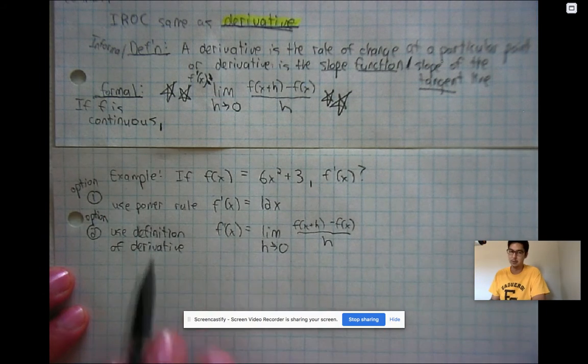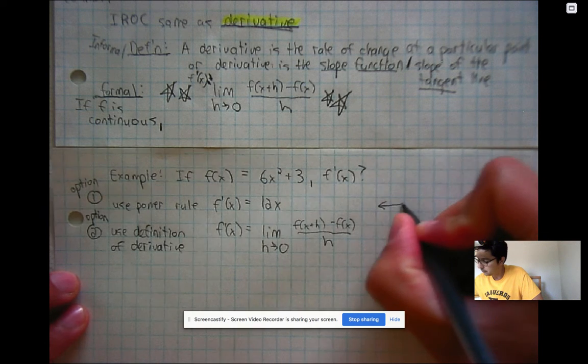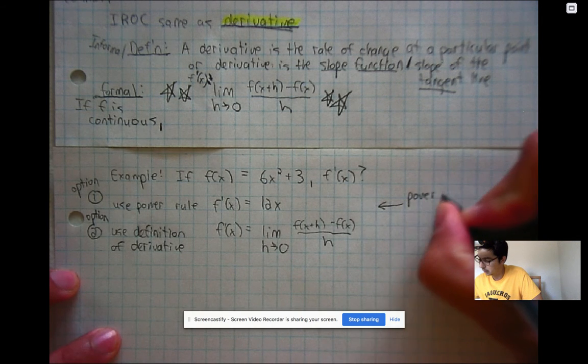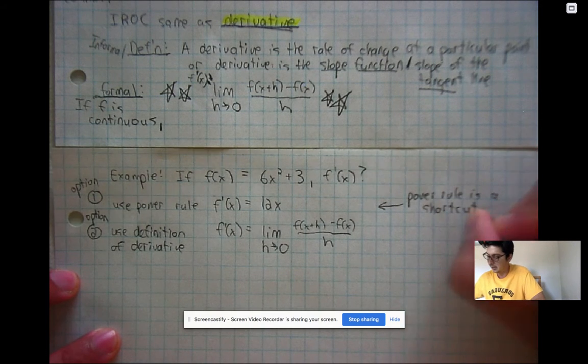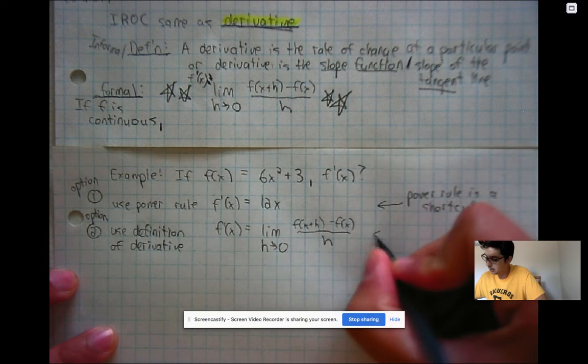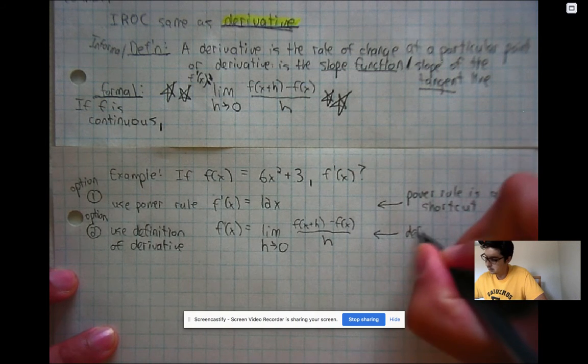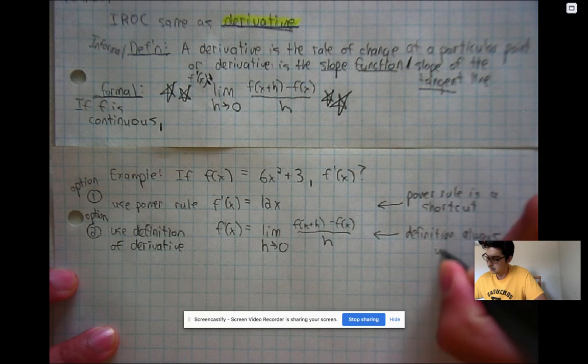is that the power rule, you'll see it's really quick and that's great, but the power rule is a shortcut. All right. It doesn't always work. If it works, great, but it doesn't always work. The definition always works. All right.